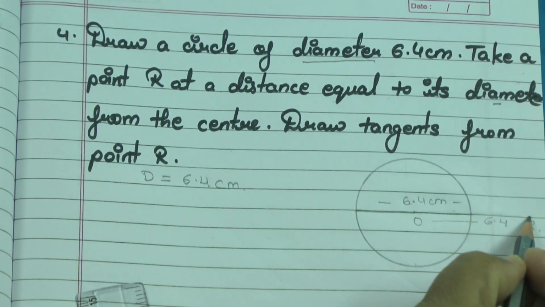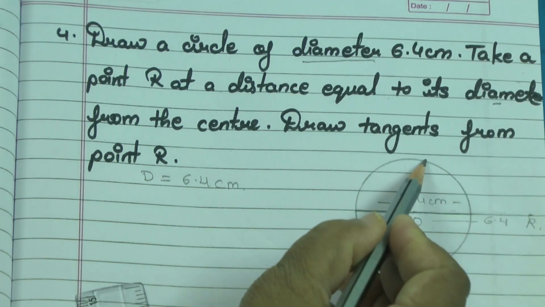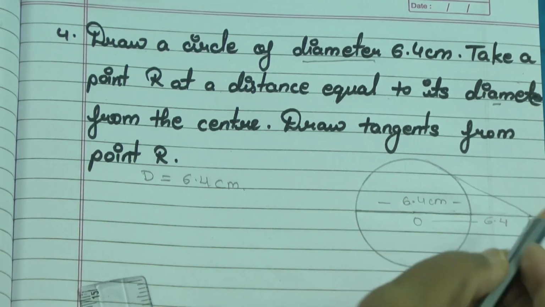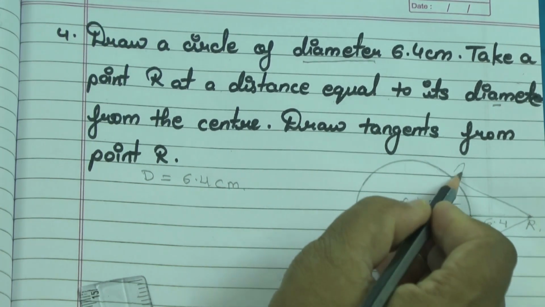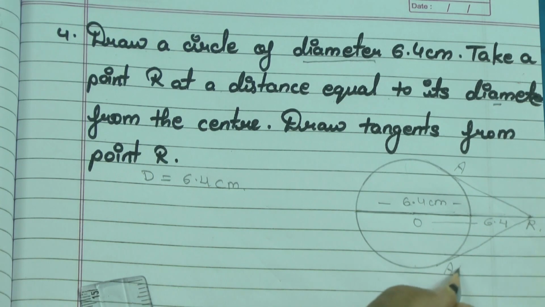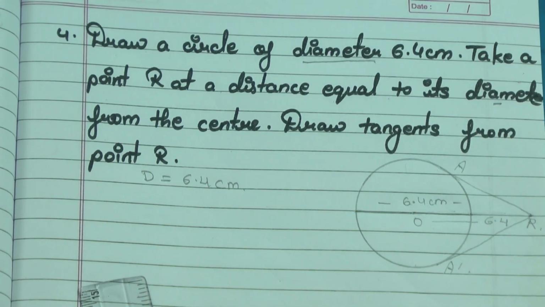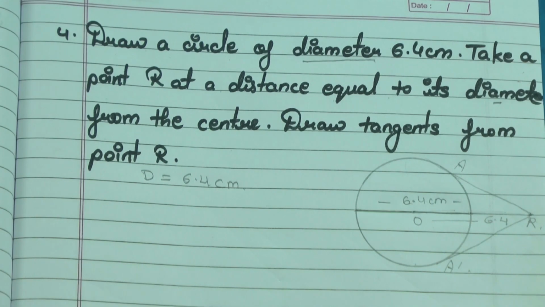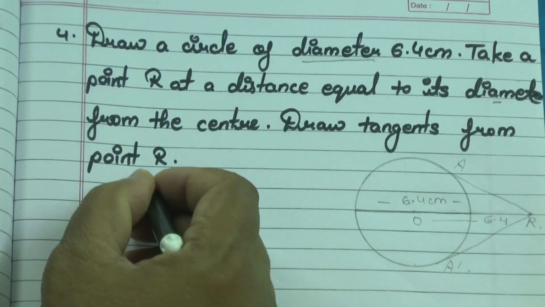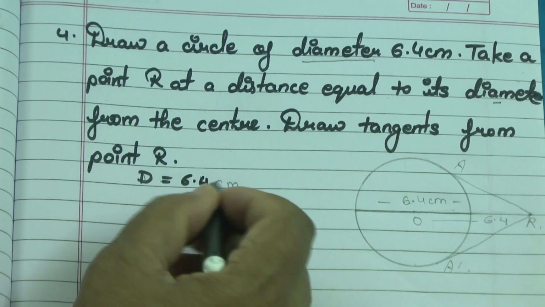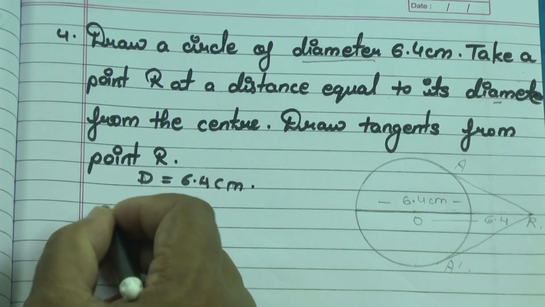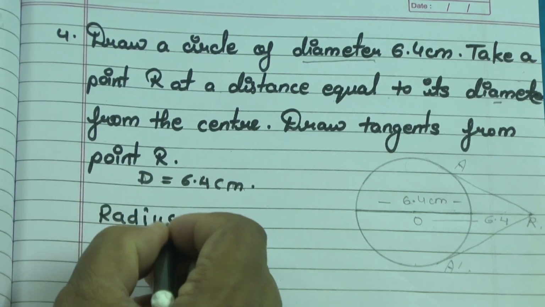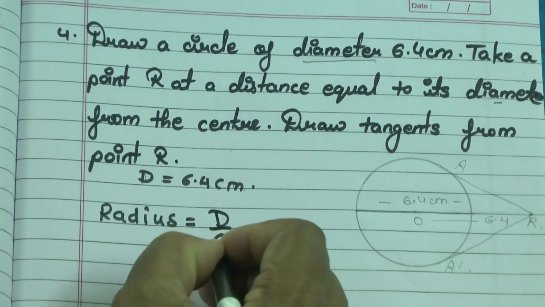Now from this point R, we need to draw tangents to this circle. Let us say RA and RA dash. Now we have diameter which is 6.4, but with 6.4 we cannot draw the circle, children. First we have to find out the radius. So radius is equal to diameter upon 2.